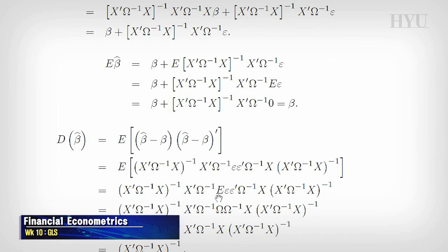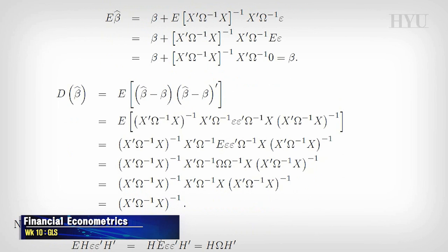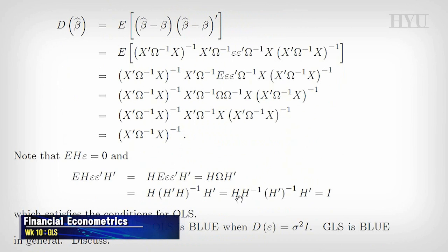We can put the expectation inside, and we know the expected value of epsilon epsilon prime is omega. So they cancel out, and this cancels out, so we have only this part. And this is obvious, and it satisfies the condition for OLS as well.